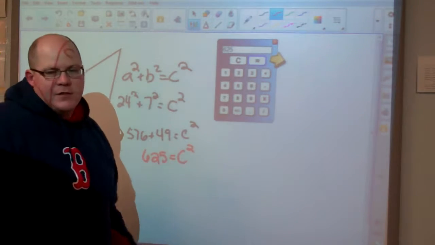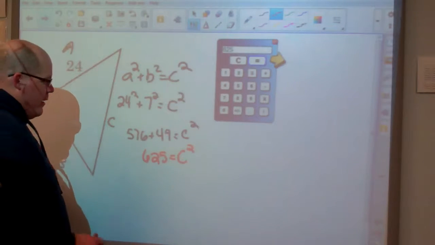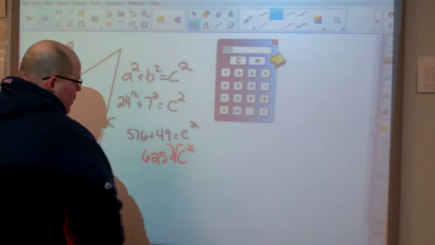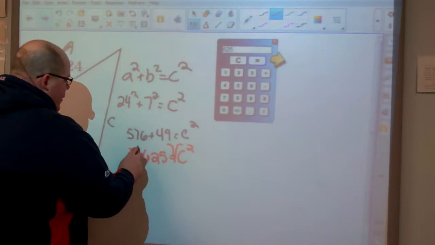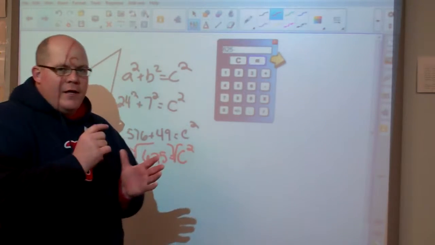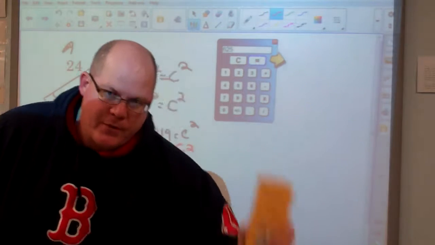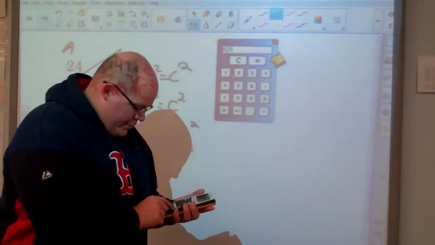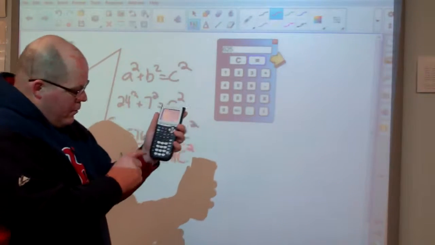How do I find c? Well, c is currently squared, so I would find the square root of c squared. And if I'm going to find the square root on that side, I also have to do the same thing on this side. I'm going to find the square root of 625. In your calculator, you would punch in 625 and hit the square root function.